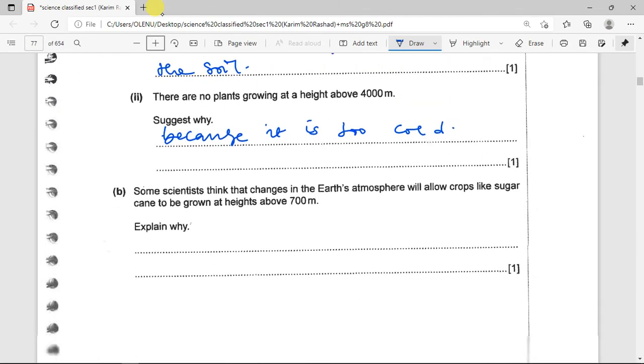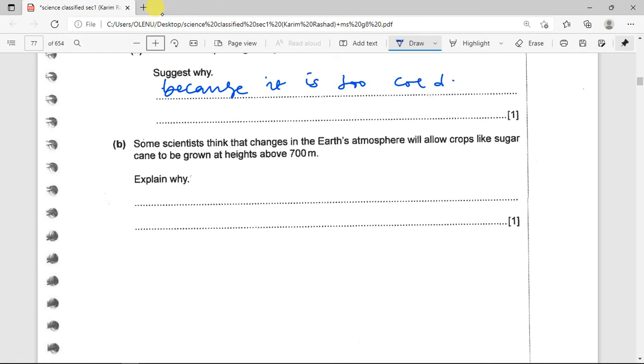At that particular height, some scientists think that changes in the Earth's atmosphere will allow a crop like sugarcane to grow at a height of 700 meters. Explain why.